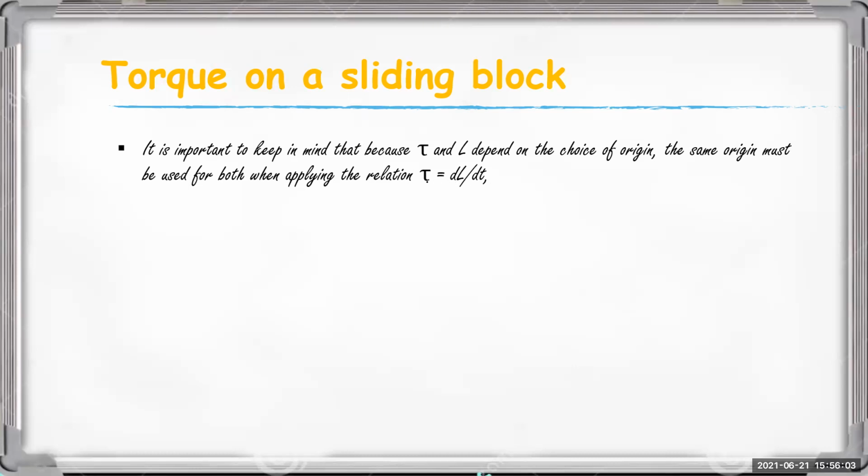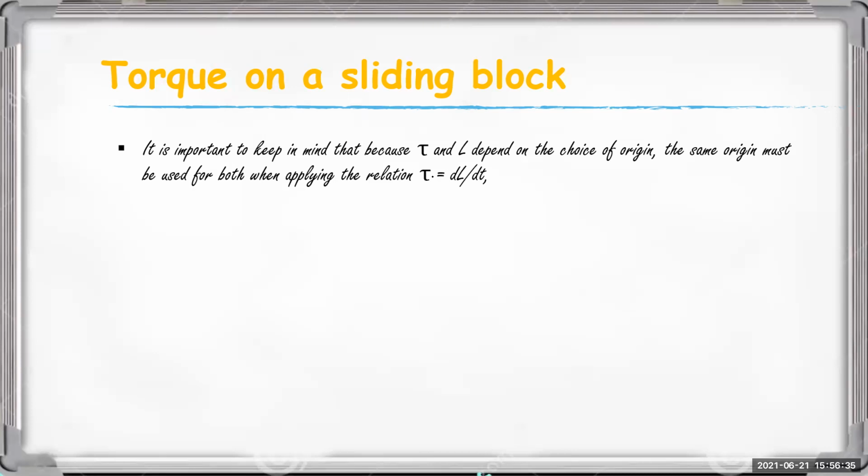So when we use this equation to find tau, here we use the point B, and the same B must be used to evaluate L also. So when we evaluate the torque about B, then you must evaluate the angular momentum about the point B itself.